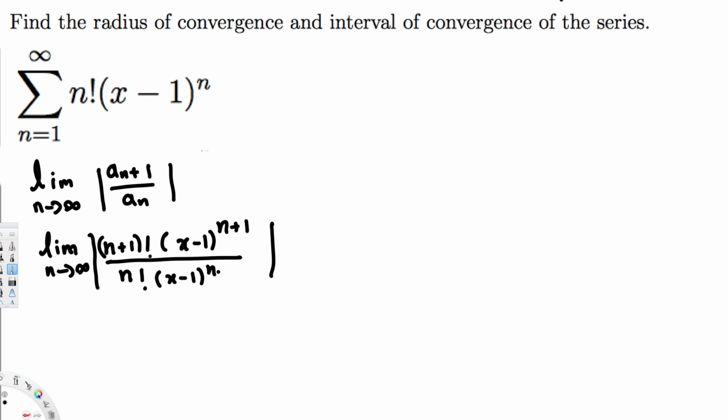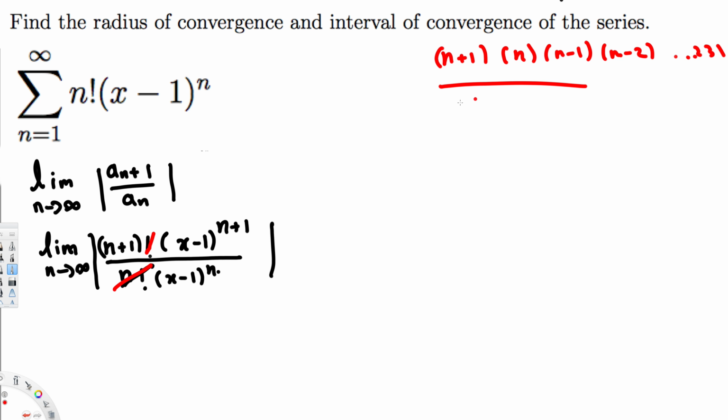Now if you notice, this n factorial and this factorial cancel, so we are left with n+1, because a factorial expands like n+1, and you have to reduce one value each time: n, n-1, n-2, until 3, 2, 1.